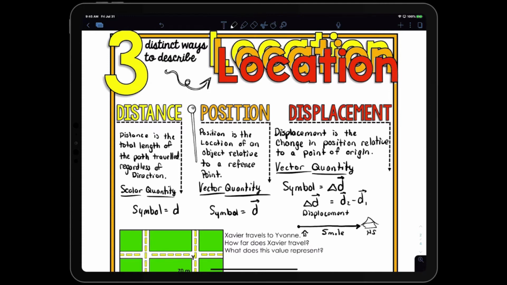Well, if the point of origin is 0 meters, that's where you're starting out, and the high school has a position 5 miles away from your house, your displacement, when we figure out what the values are, you say that we are looking at a position 5 miles, subtracted from what the original position was, 0 miles.